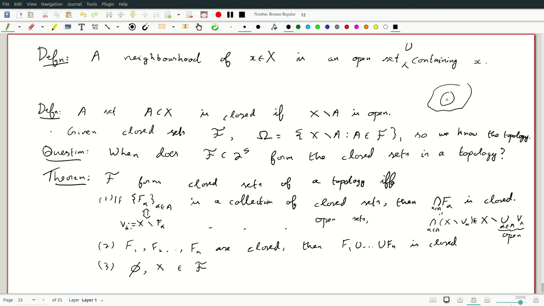And conversely, if instead you have the axiom that when you have a collection of closed sets, the intersection is closed, and you define the topology as being complements of the closed sets, which is what we have here, we use this formula. Given a collection of open sets V alpha, I look at F alpha, which is X minus V alpha.